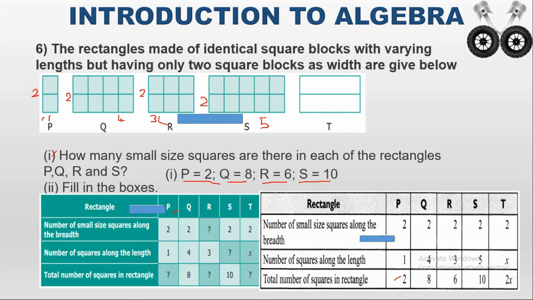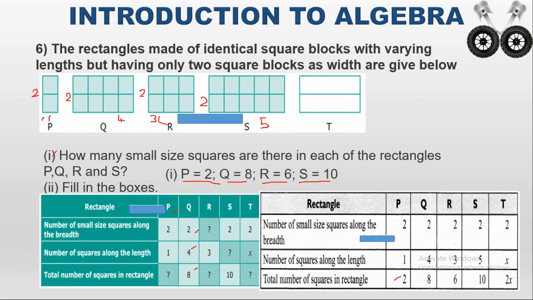For the rectangle box Q, the total number of squares along the breadth is 2, the total number of squares along the length is 4, and the total number of squares in the rectangle is 8. So all 3 values are given for the Q rectangle. For the rectangle R, the number of small size squares along the breadth is not given.